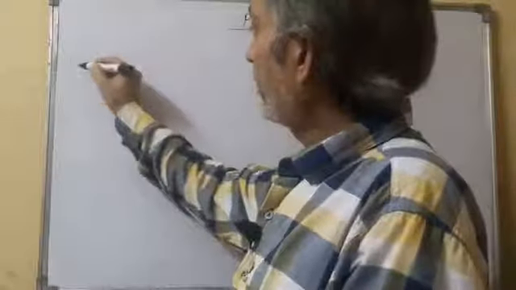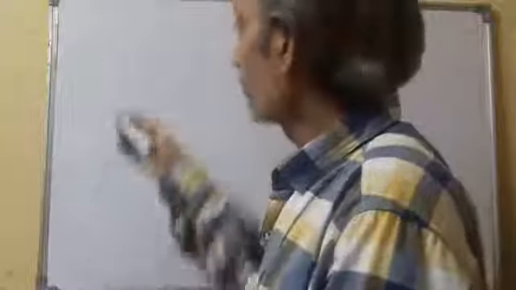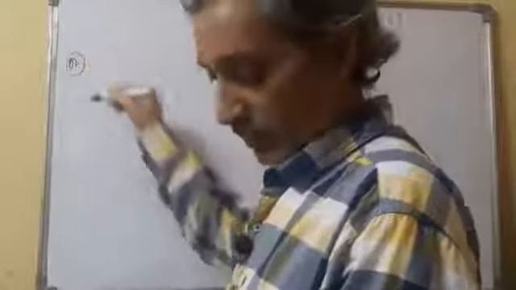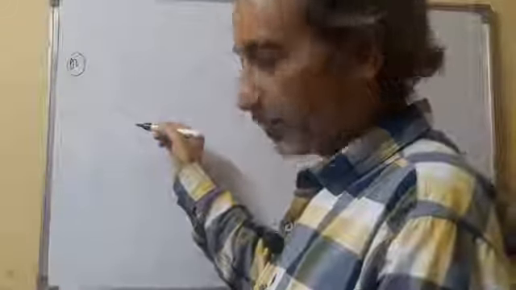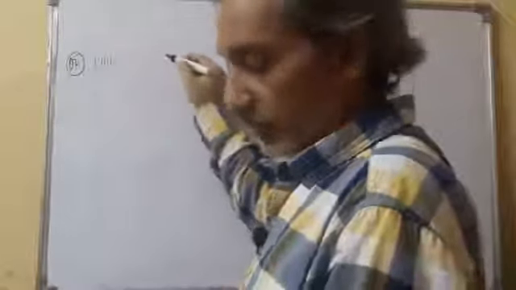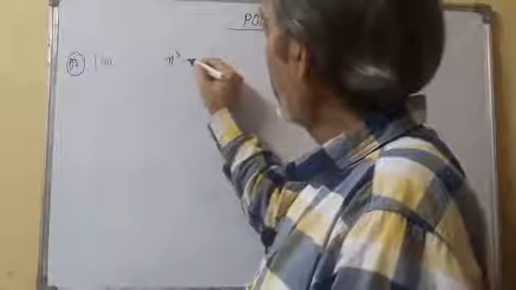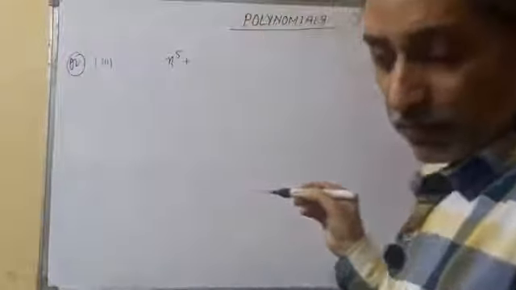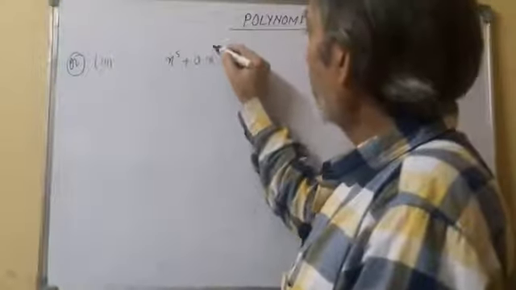So let us take question 2, part 3. Write the dividend x raised to the power 5. Since x raised to the power 4 term is missing, we will write 0 into x raised to the power 4.